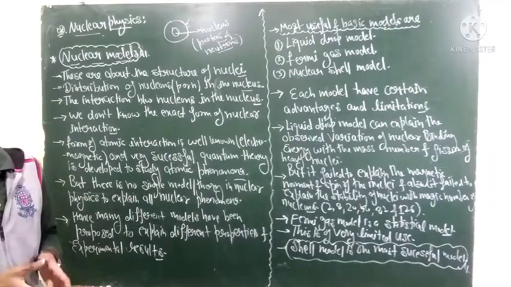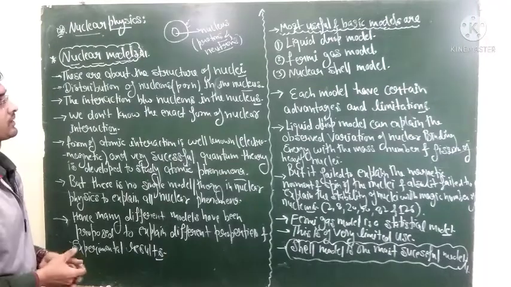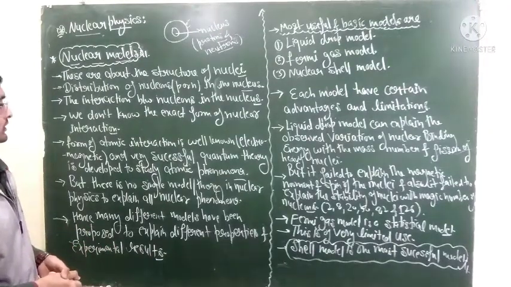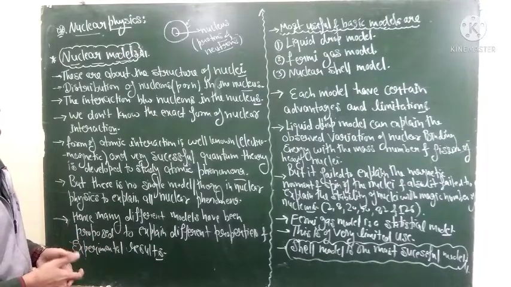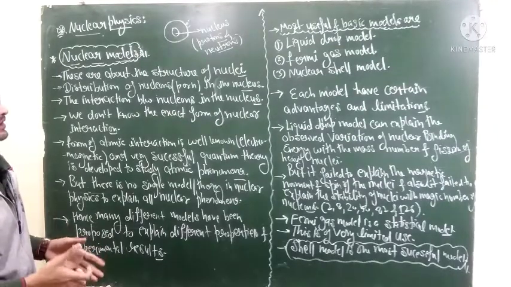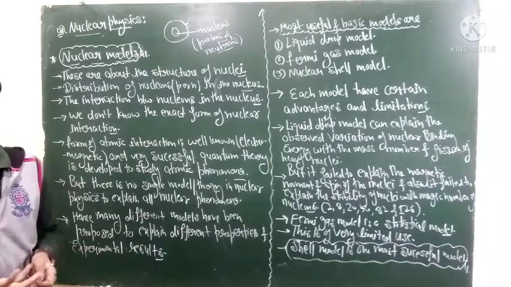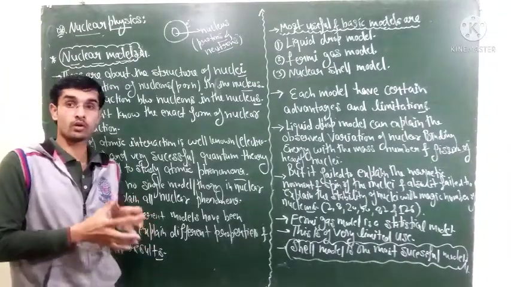You have studied that model in school physics also, but we will elaborate it in detail. The first few lectures will be about the liquid drop model: the basic assumptions, and why people think that nuclei are like a drop of liquid.